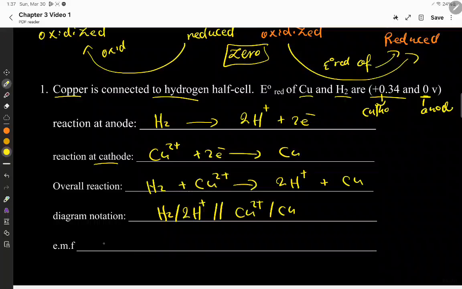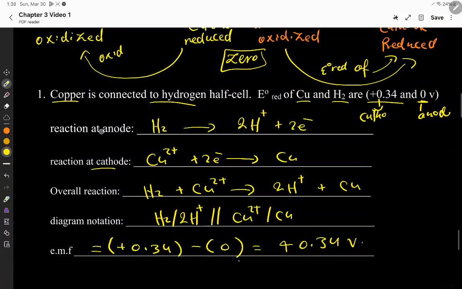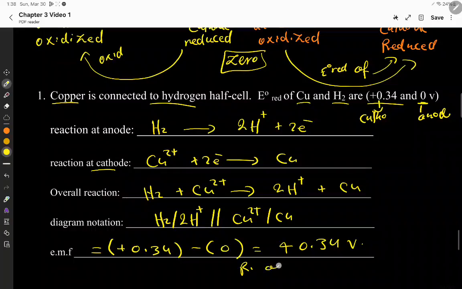Because the electromotive force equals reduction of cathode, which is positive 0.34, minus reduction of anode, 0, equals positive 0.34 volt. The electromotive force of the cell is the reduction potential of copper.